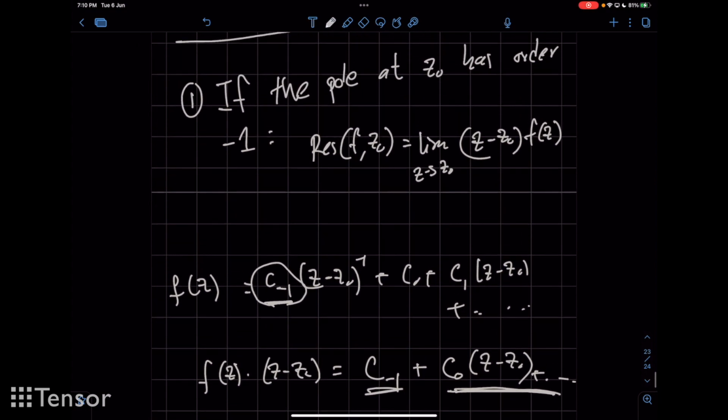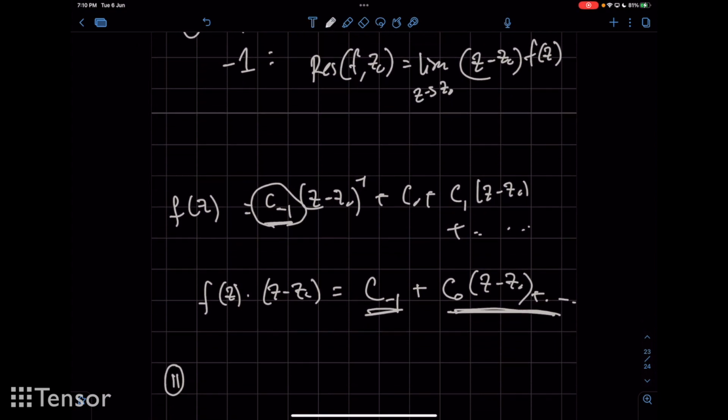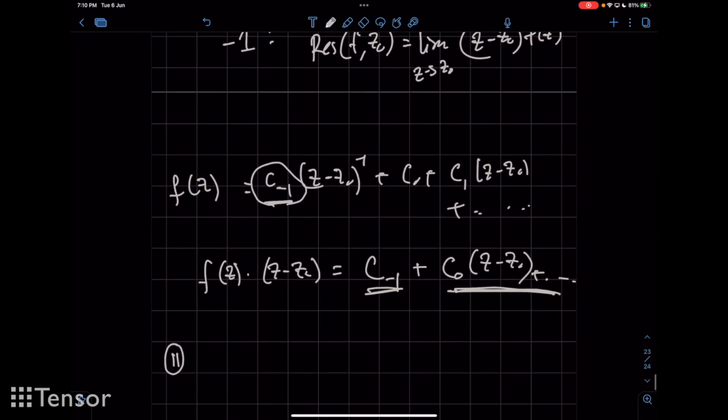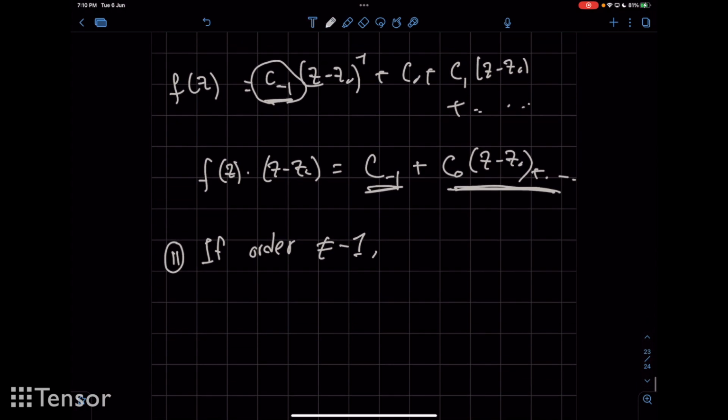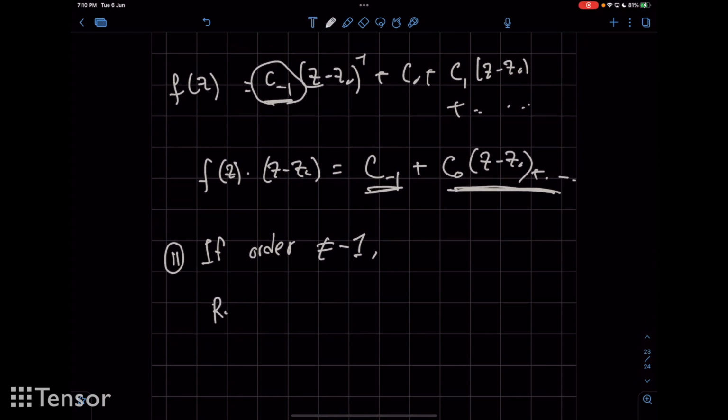Now if the pole has order larger than 1, or should I say smaller than -1. So if the order is not -1, then we have a slightly more complicated formula. The residue of f at z0 is equal to 1 over (n minus 1) factorial.